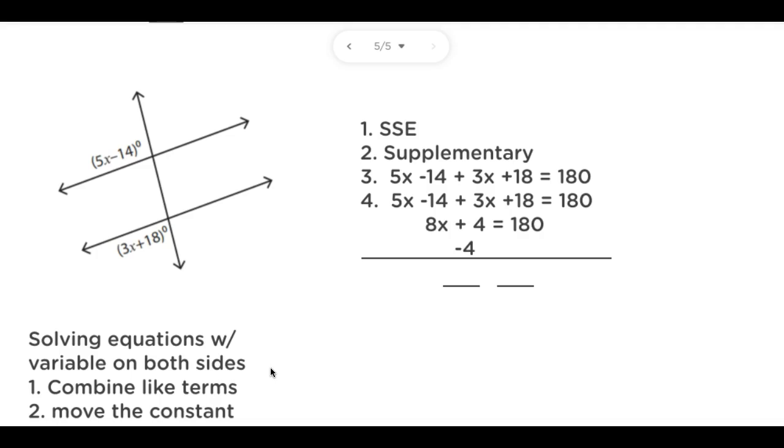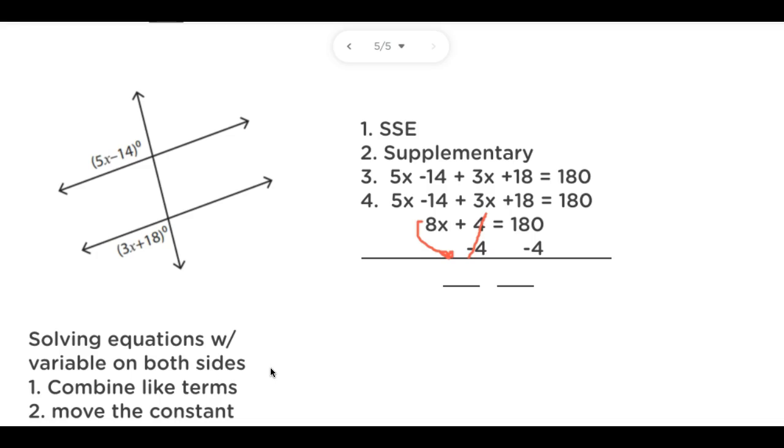And remember, in math, what we do on one side, we also have to do to the other side. So there's our 180 minus 4. What is 180 minus 4? This gives us a zero pair. Our 8x is going to drop down.